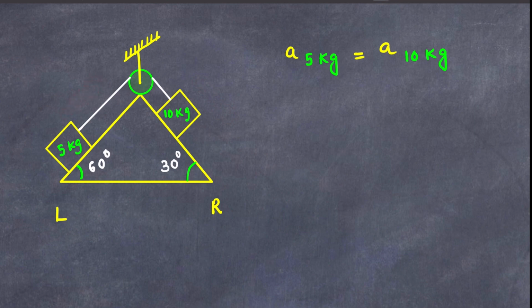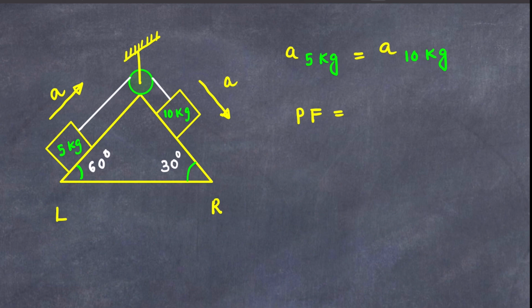Okay, so as the 10 kg block is moving away from the pulley, the 10 kg block will provide us the pulling force, and as the 5 kg block is moving towards the pulley, the 5 kg block will provide us the resisting force. And let us suppose the acceleration of the 10 kg block is a, so the acceleration of the 5 kg block will also be a. So the net pulling force will be provided by the 10 kg block.